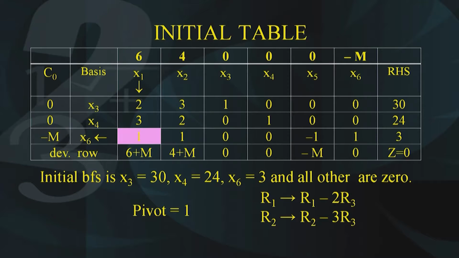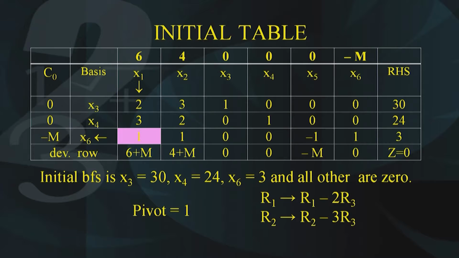Now, let us look at the calculations. As before, we will look at what is the basis. The basis is nothing but x3, x4 and x6, and this we will write in the first column. We will write down x1, x2, x3, x4, x5 and x6.